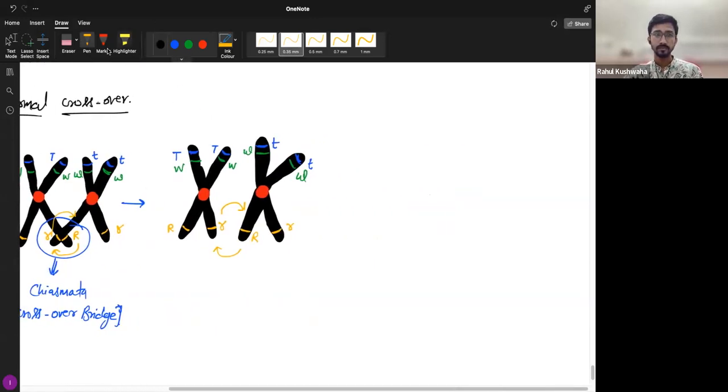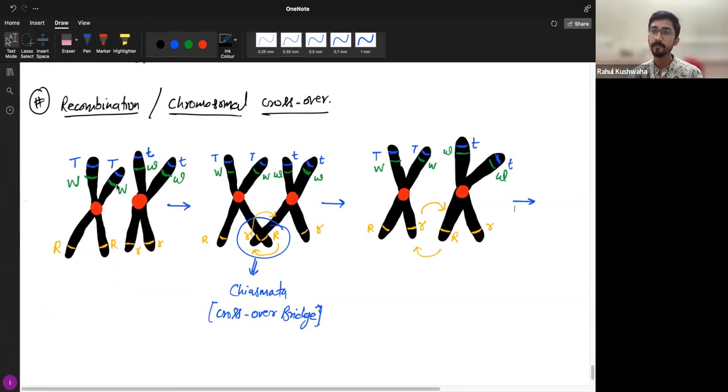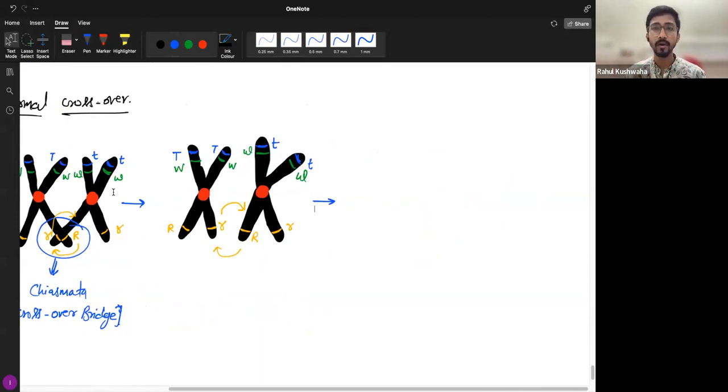And now the next step, which is the final step in meiosis. In meiosis, you know that from one diploid cell, so this is a diploid cell, right? With 2 copies of each chromosome. Finally, we get 4 haploid cells. So it exactly happens through cutting off these, separating the chromatids. So finally, in each gamete, 1 chromatid goes.